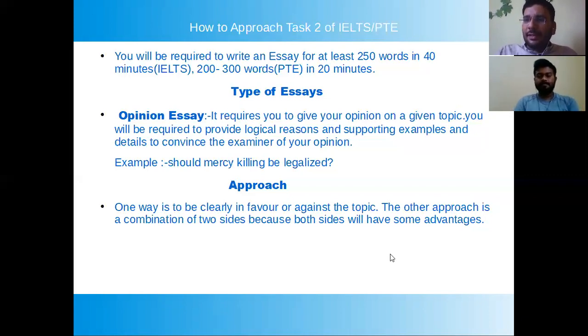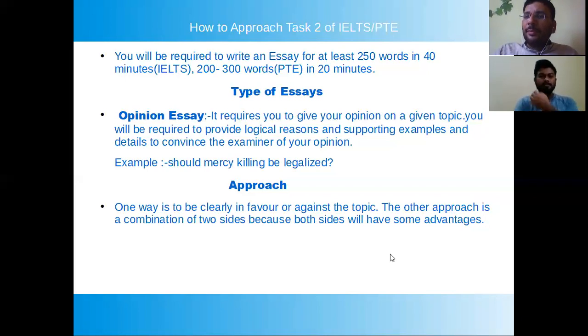So the first and foremost thing when we look at the IELTS writing task is the candidate is expected to have a good general awareness, and also the fact that he or she should be able to express his ideas effectively. So your language skills also matter a lot, right?